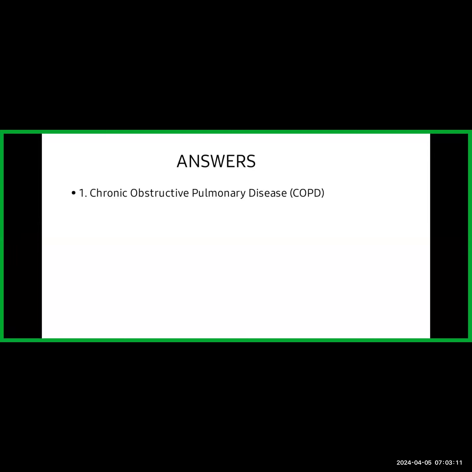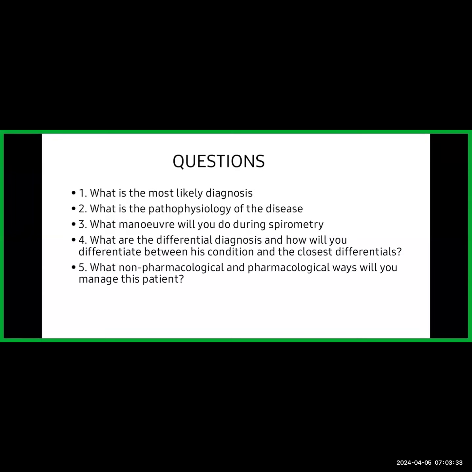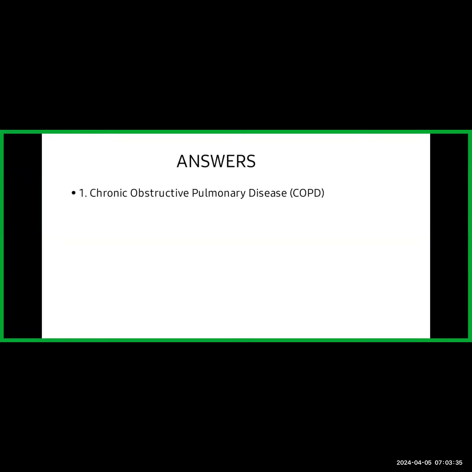The chest X-ray did not show any abnormality, especially fibrosis or features of bronchiectasis. And the patient works with a construction company, and that exposes him to dust and fumes. So with this, I believe chronic obstructive pulmonary disease should be my most likely diagnosis.